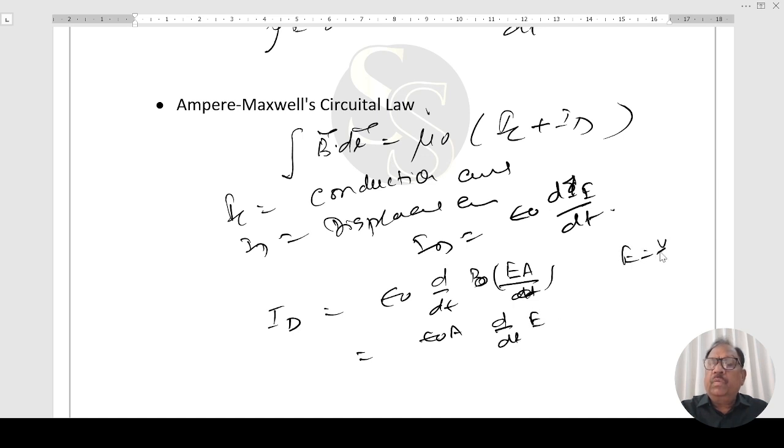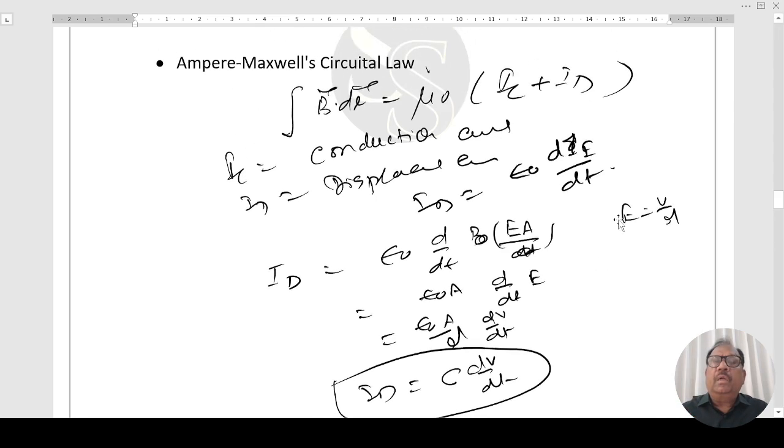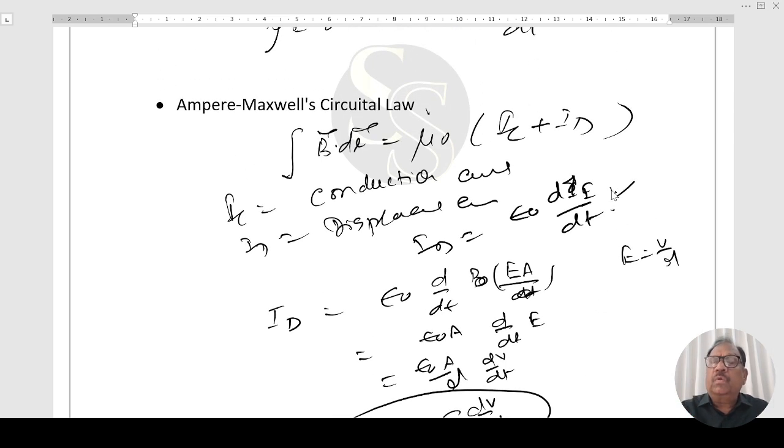Electric field equals V by d. Then epsilon naught A over d times dV/dt, that is equal to C dV/dt. I_D is also given by this formula, in terms of the rate of change of voltage. Conduction current and displacement current form continuity. This is generally discussed in capacitance, where the space is empty.